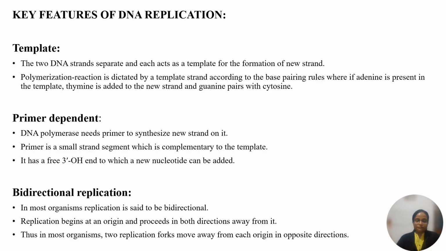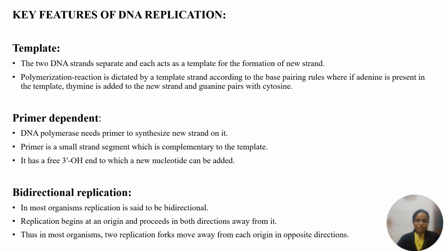So that means if we have an adenine residue in the old strand, then at the same corresponding position on the new strand, you have a thymine residue, and vice versa. And similarly, if in the old strand we have a cytosine, then at the corresponding position on the new strand, you have a guanine residue and vice versa.